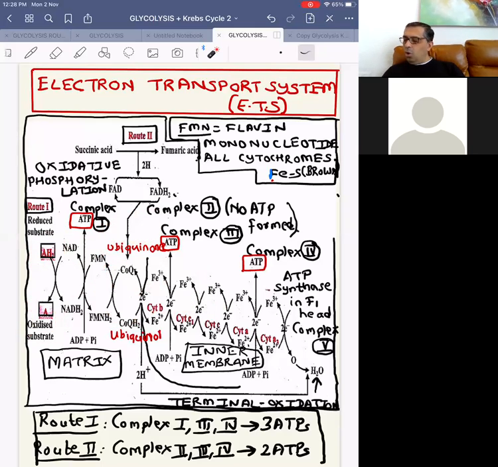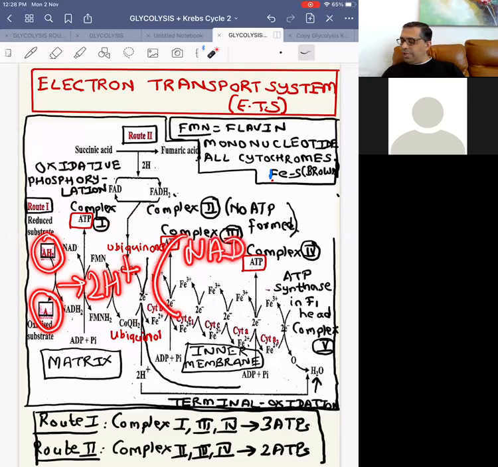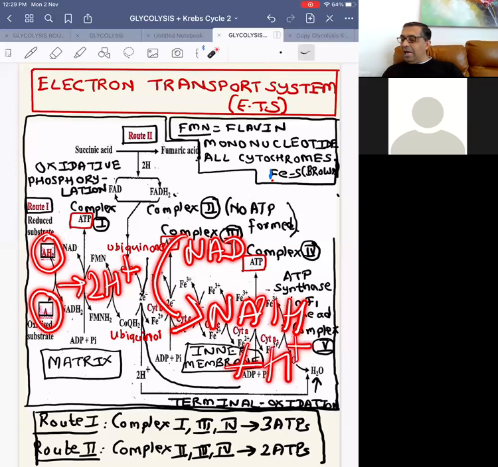So again I'm writing, reduced substrate by giving away hydrogen undergoes oxidation, and NAD by accepting the hydrogen gets converted into NADH plus H plus. So what has substrate become?